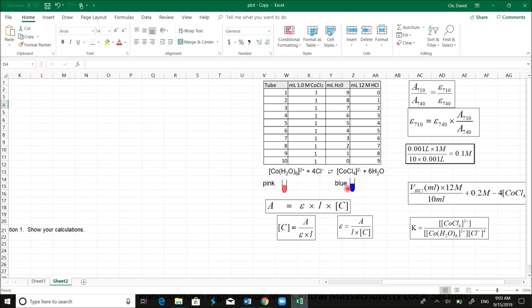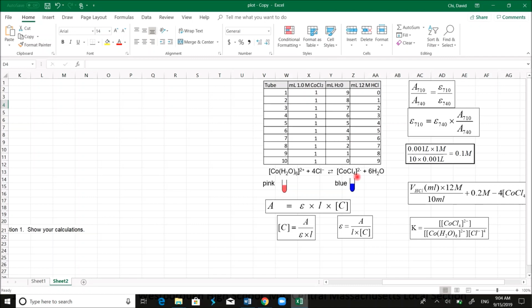The conversion between these two complexes is shown in this reaction equation, and the equilibrium constant of this reaction is going to be calculated. As we discussed in the recitation class, these two complexes absorb light at different wavelengths. The hexahydrate compound absorbs light weakly, while the tetrahedral complex absorbs light strongly, particularly at 710 and 740 nanometers.